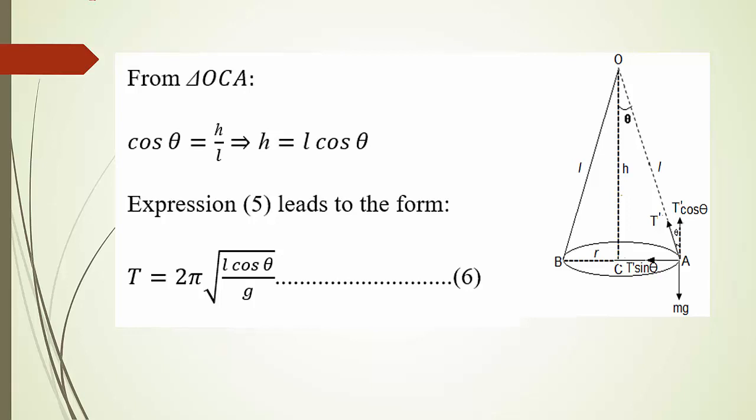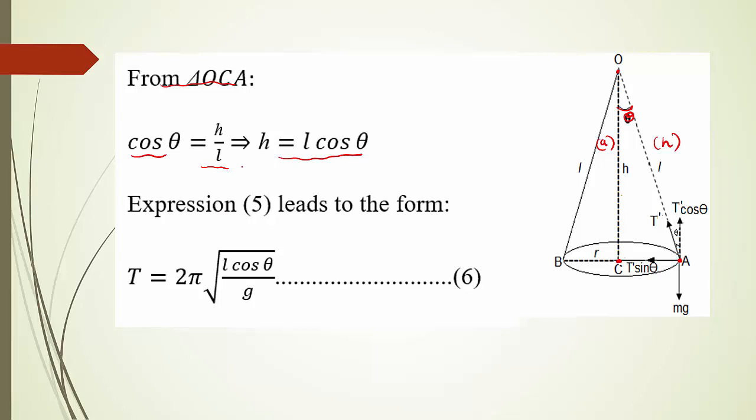Now observe the same diagram again, the triangle OCA. Let us find the value of cos theta. Theta is here. Cos theta equal to adjacent side divided by hypotenuse, so cos theta equal to H divided by L, or H equal to L cos theta.